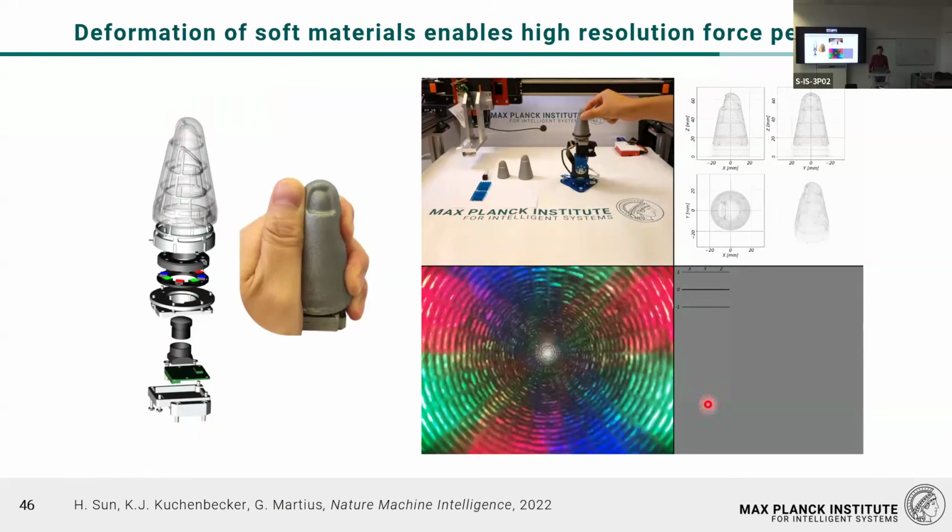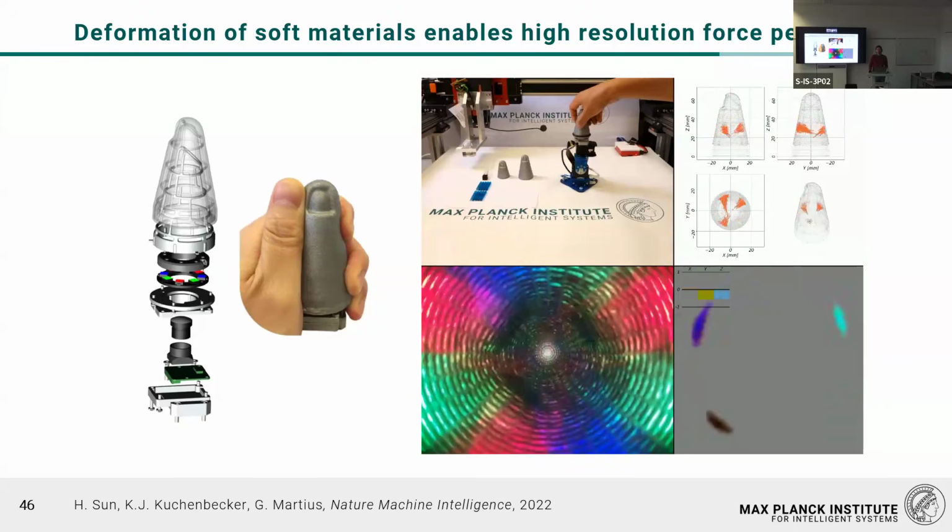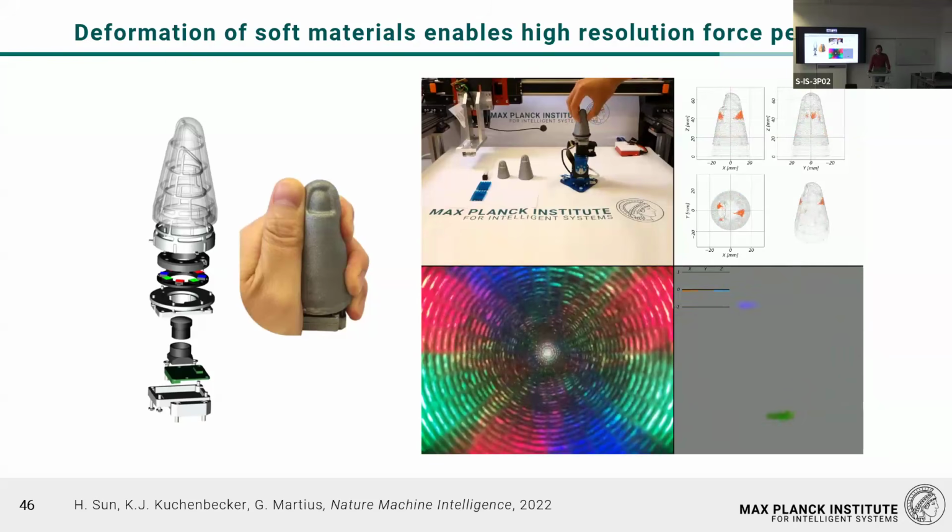And how this looks from the inside, you see here, where due to deformation, those patterns are changing. And you can then train your machine learning algorithm to convert these deformations into forces. And you can measure contact forces, shear forces at multiple spots around the finger to give really rich perception information for your robot.